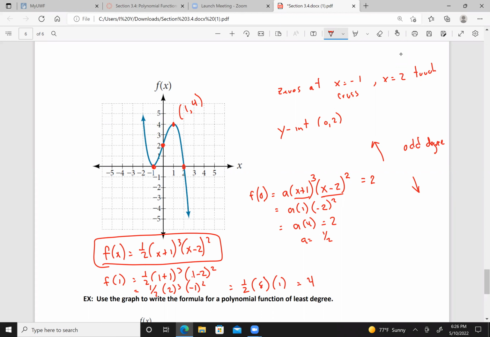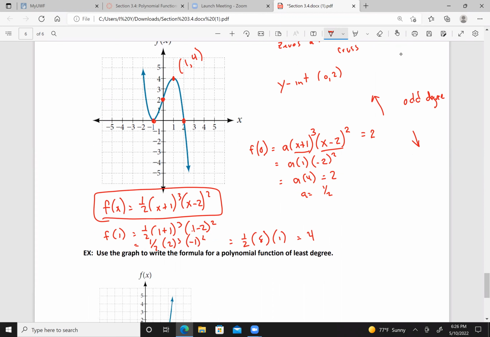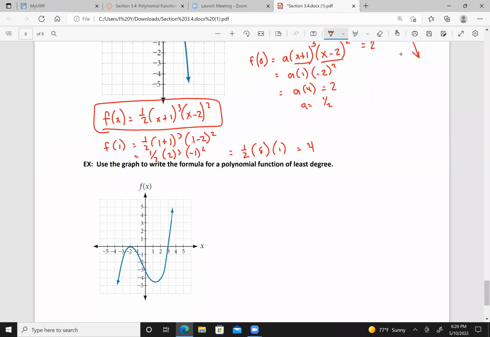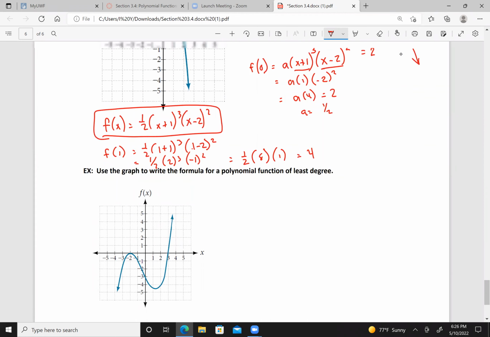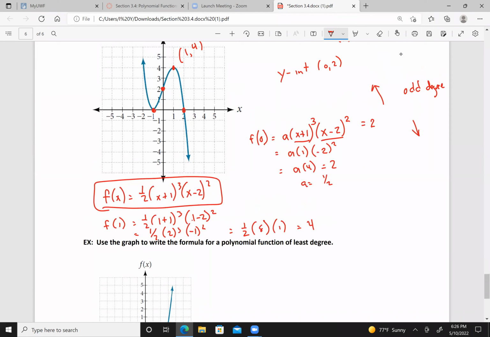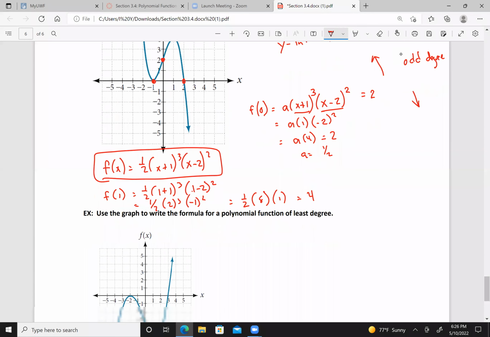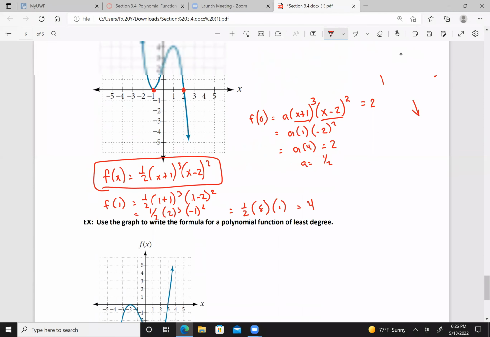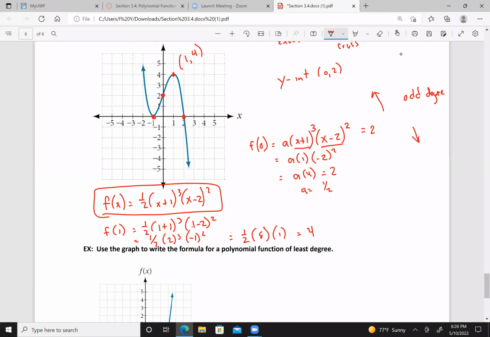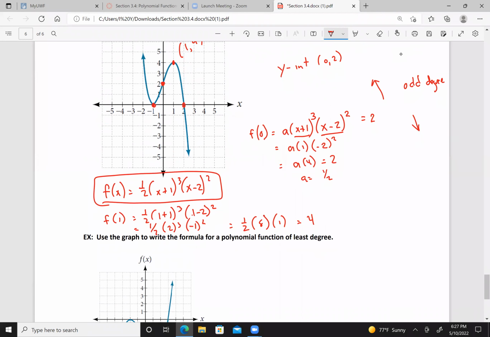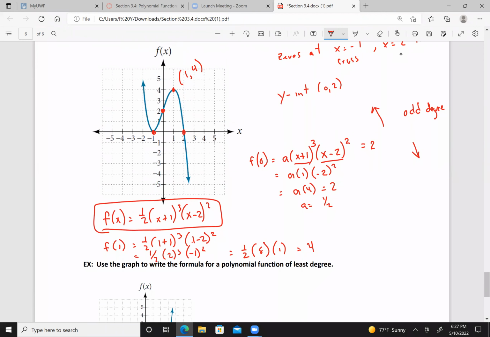So that is our correct formula, our correct equation. Except it should be negative. That doesn't make any sense though.